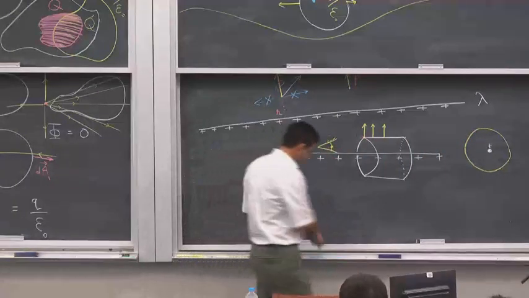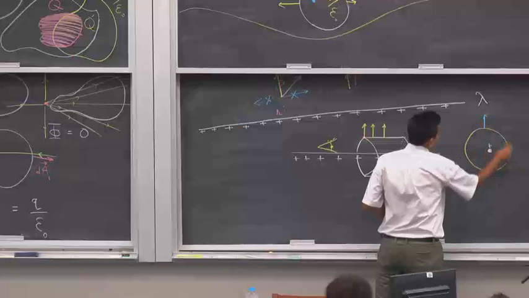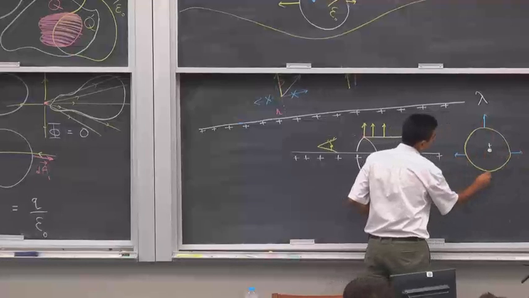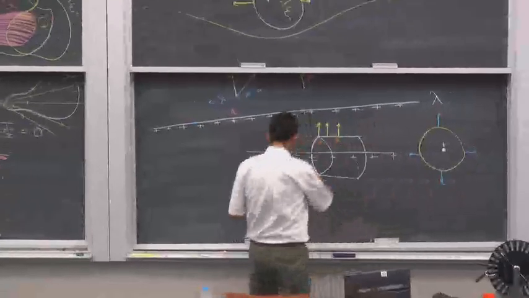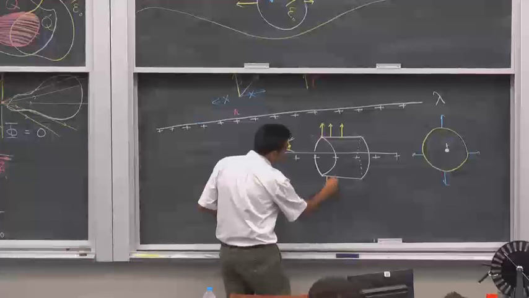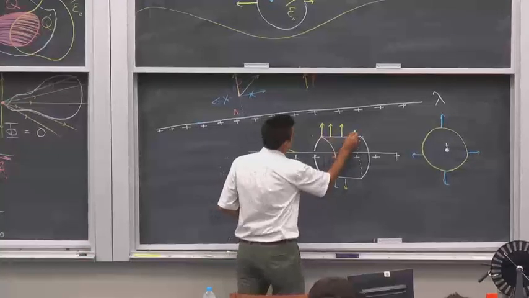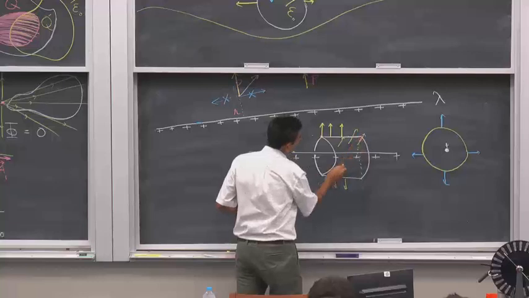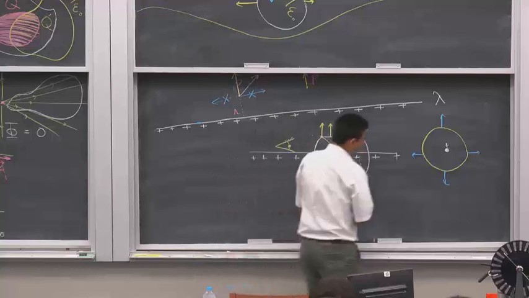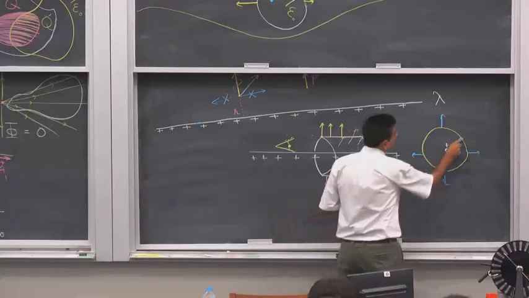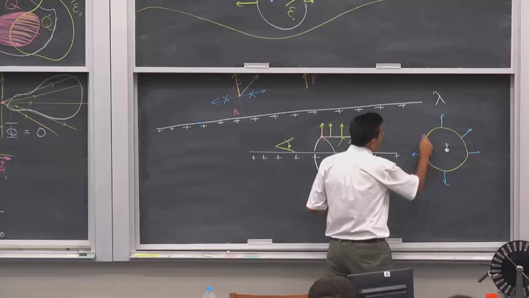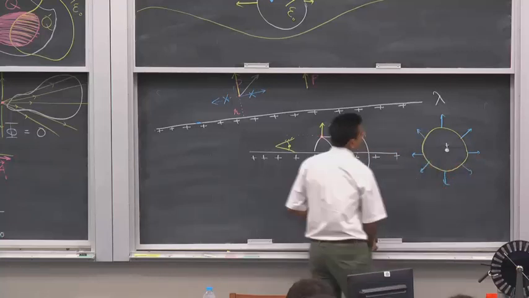And here, the electric field is always pointing radially outward. So the electric field here is pointing upward, here it's going to point downwards. Here it's going to point out of the plane of the paper. It's always pointing radially outward. So the electric field points like this if I observe it from a cross section, and that's alright.